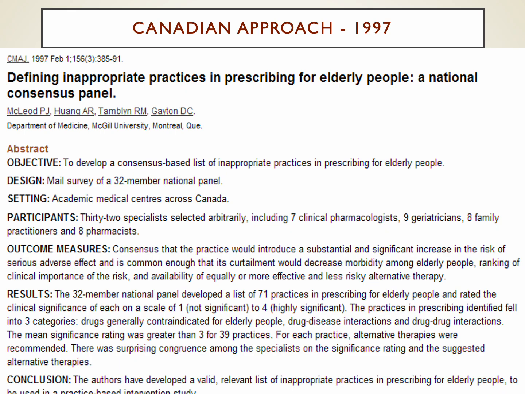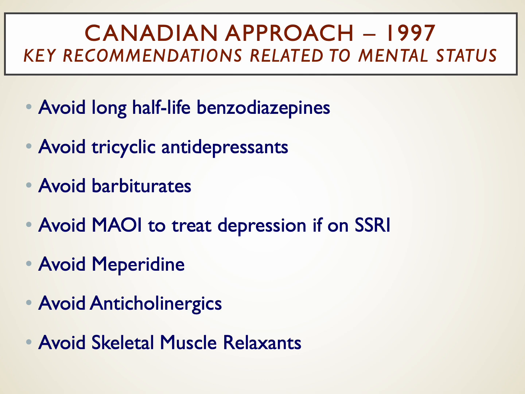The other issues we'll see, in addition to the Beers criteria: here's an older set of criteria, but the bottom line in their recommendations is very similar to the Beers criteria, and these were more than two and a half decades ago in the Canadian approach. Their approach looked at avoiding benzos, tricyclic antidepressants, barbiturates, MAO inhibitors, meperidine, antimuscarinics, and skeletal muscle relaxants.